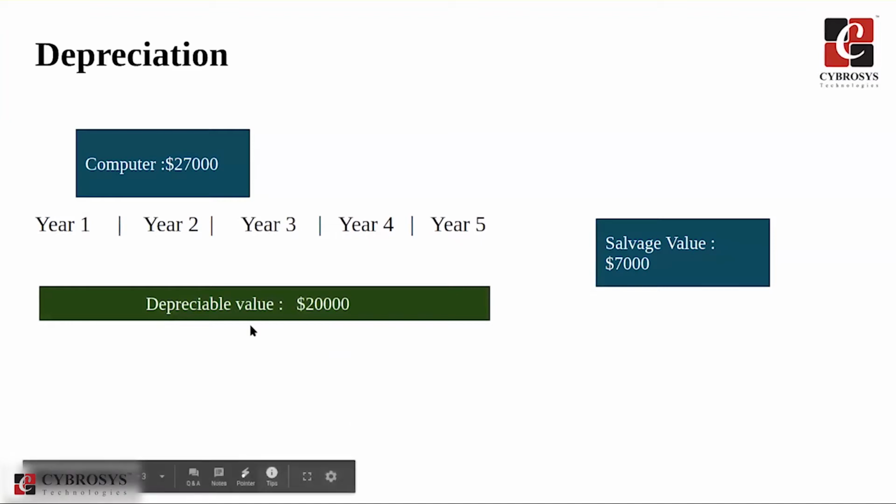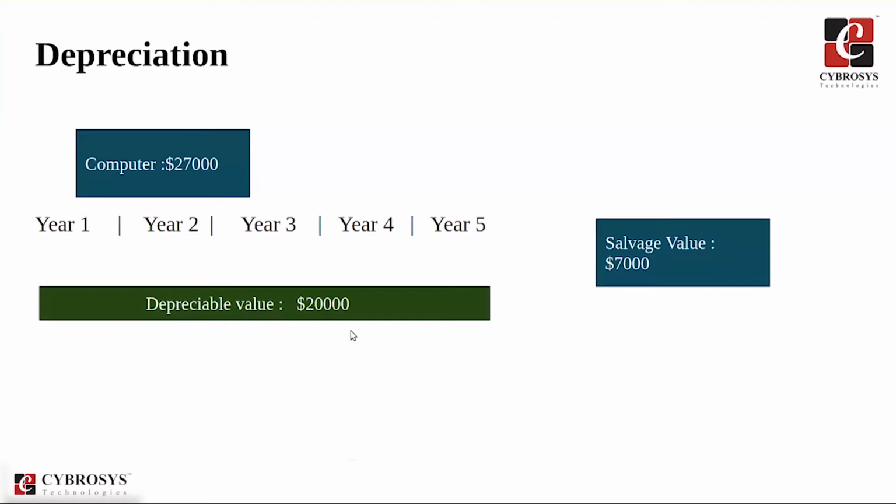Here you can see the depreciable value is 20,000, because after 5 years the accumulated depreciation amount reported on the balance sheet will be equal to 20,000, leaving us with 7,000 of non-depreciable value or salvage value, because we have to sell this product for 7,000 at the end of the period.